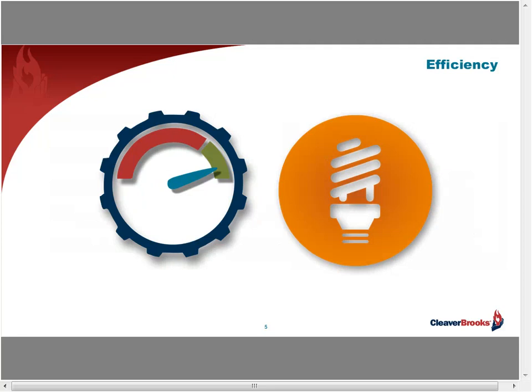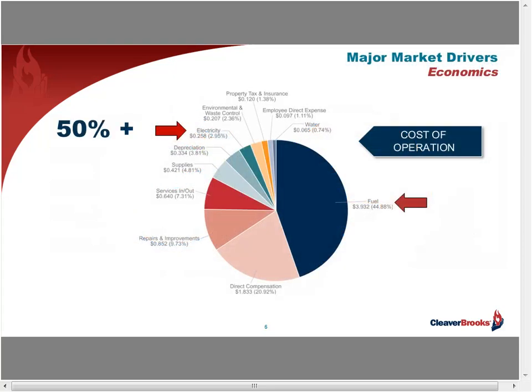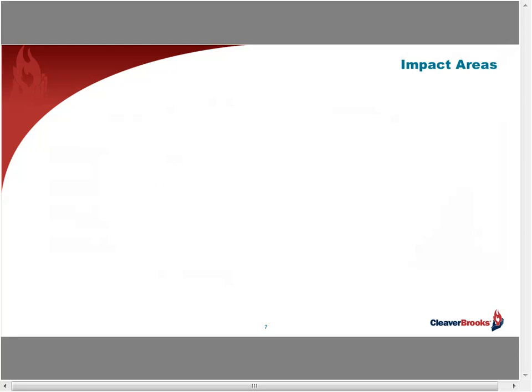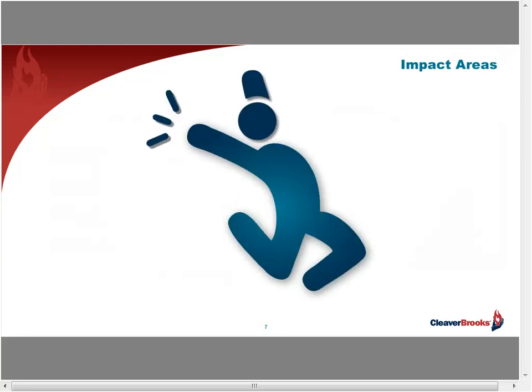And those of you who have attended my webinars in the past have seen so often that fuel and electrical energy play such a big role in the overall cost of operation in virtually all energy plant facilities, as depicted here with the red arrows, and totaling well over 50% of the total operational cost. All right, then when considering saving energy, where are the impact areas?